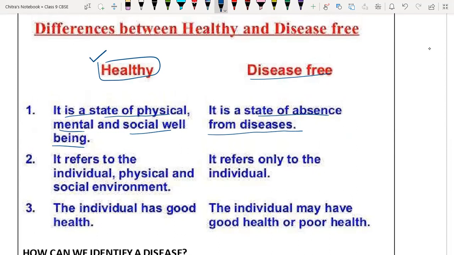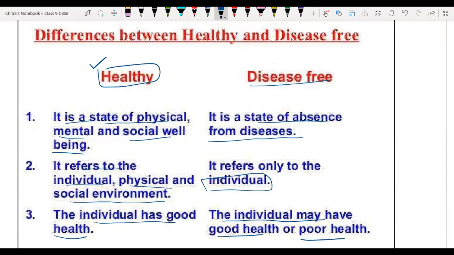Health refers to the individual's physical and social environment, but disease free refers only to the individual, that is, the personal level. In disease free, the individual may have good health, or maybe poor health also.